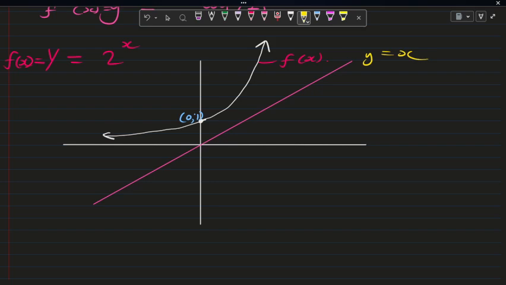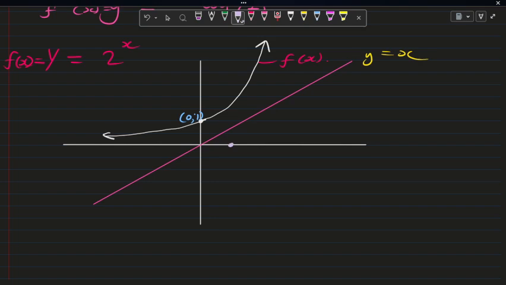So if I take this white graph and flip it over the line y is equal to x, whatever graph I get is the inverse of f of x. The point will be x is equal to 1, y is equal to 0, because remember, we swap all the x's and all the y's.